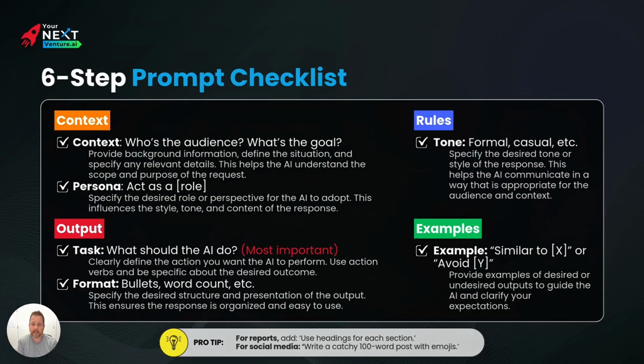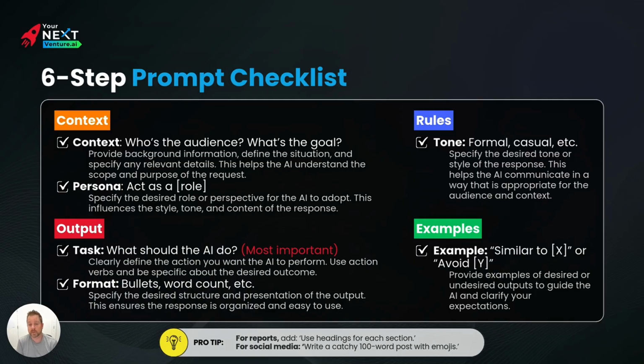Without it, the AI has no direction. Always start by clarifying 2 things. Who is this response for, and what's the goal? For example, is it for executives who need a high level summary or students who need a beginner friendly explanation? Are you trying to inform, persuade, or troubleshoot?